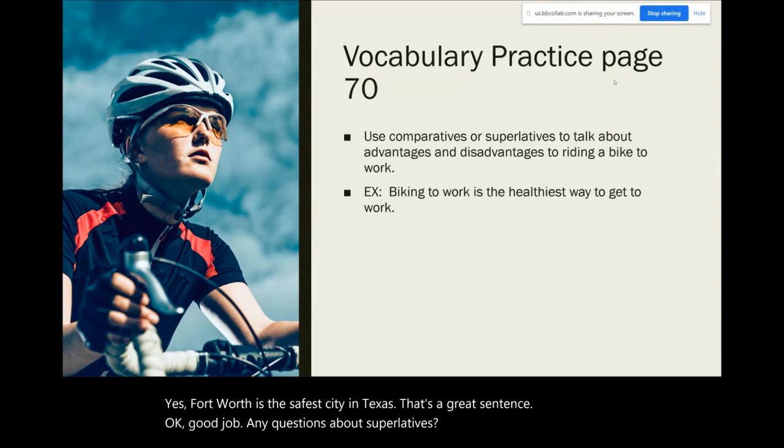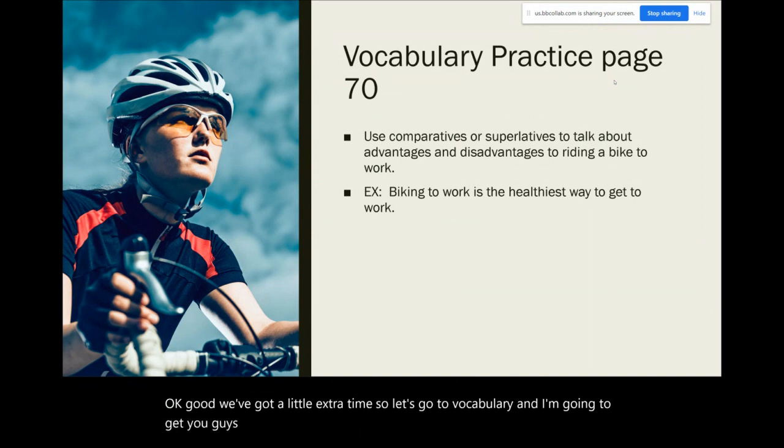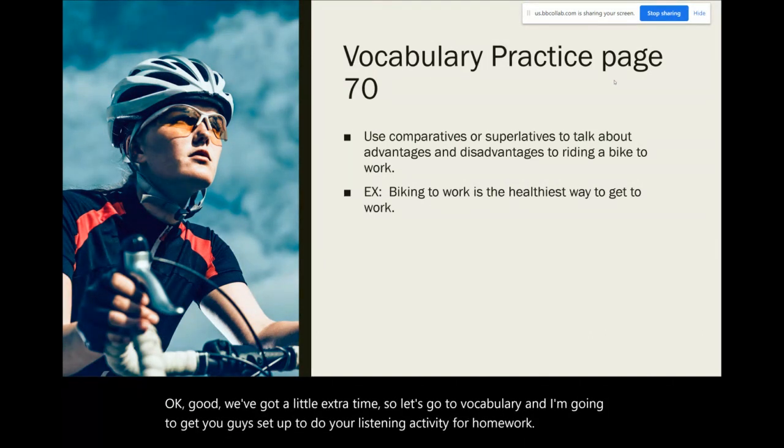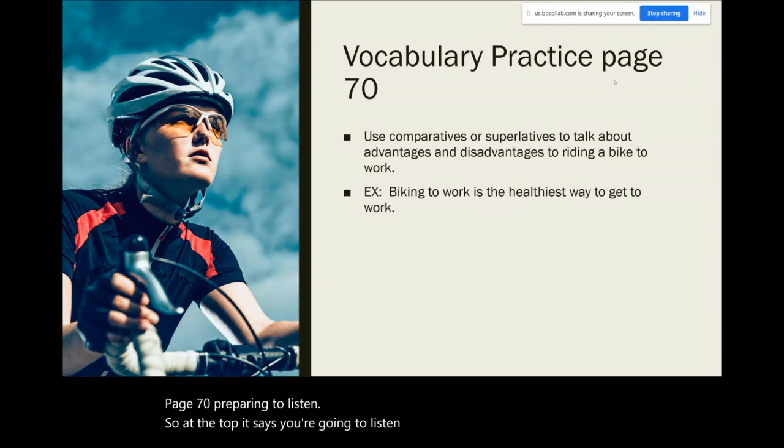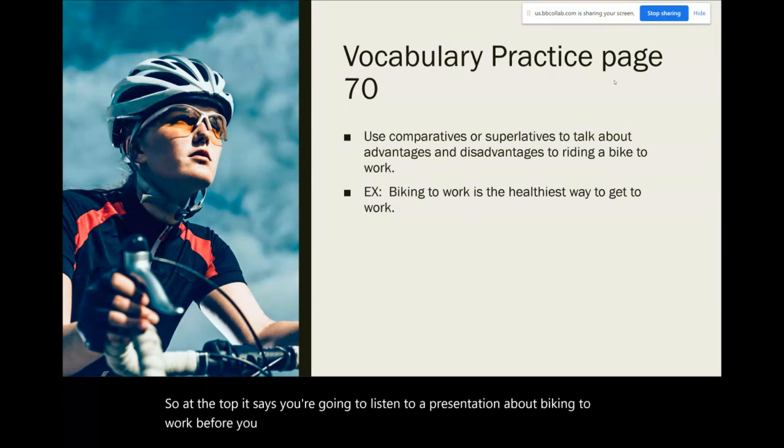Okay, good. Well, we've got a little extra time, so let's go to vocabulary, and I'm going to get you guys set up to do your listening activity for homework. So let's kind of get it started here. Page 70, preparing to listen. At the top it says you're going to listen to a presentation about biking to work. Before you listen, complete the definitions.